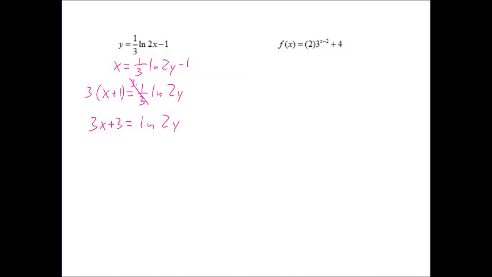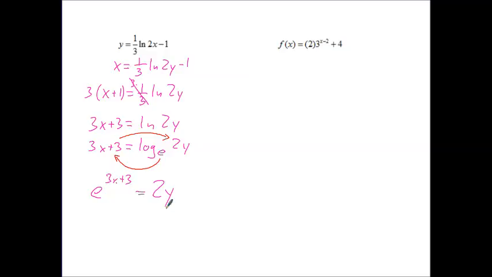To rewrite this in exponential form, we now need our base. So I'm just going to rewrite this showing our base, because our natural logarithm is the logarithm base e of 2y. And now we are ready for our cyclical pattern. It's going to be the base to this power is equal to that. e to the power of 3x plus 3 is equal to 2y.